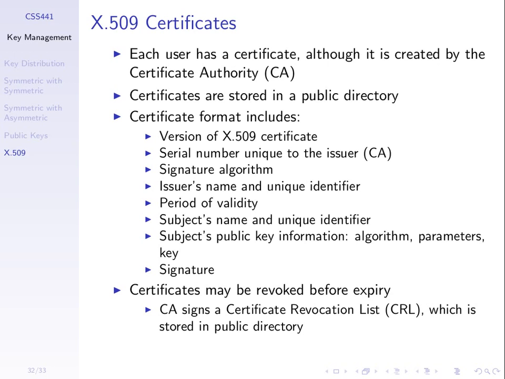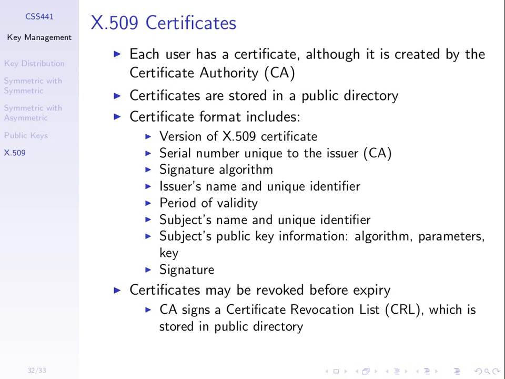X509 is the name or the number given to the standard, widely used in HTTPS and other systems. The format is what's included inside the certificate. What's the format of the ID, of the public key, and so on. And the main fields are listed here.